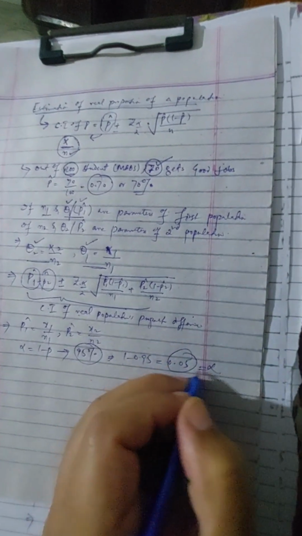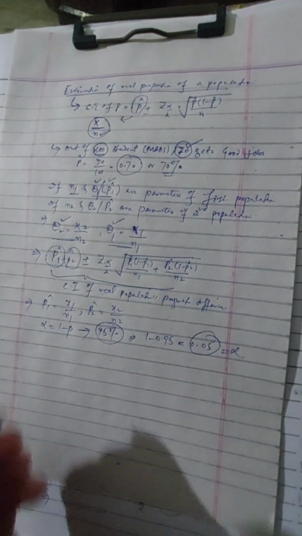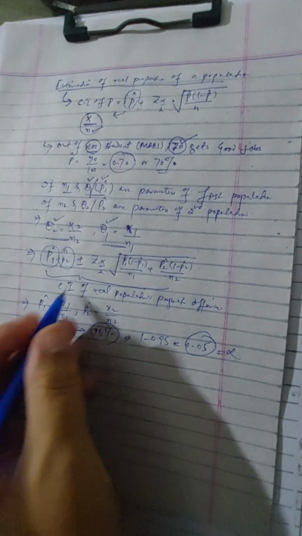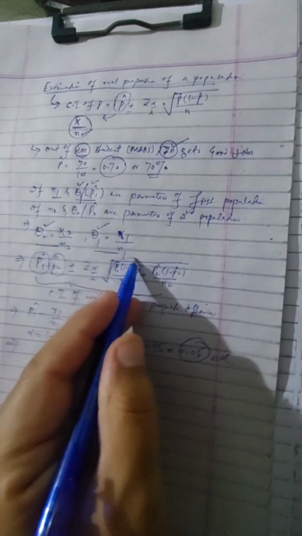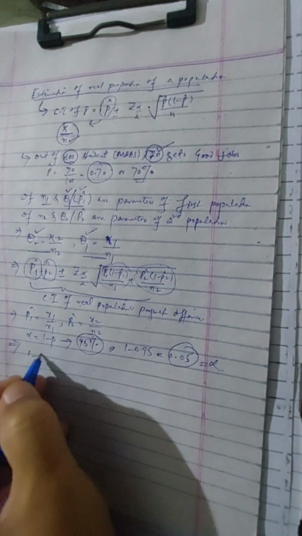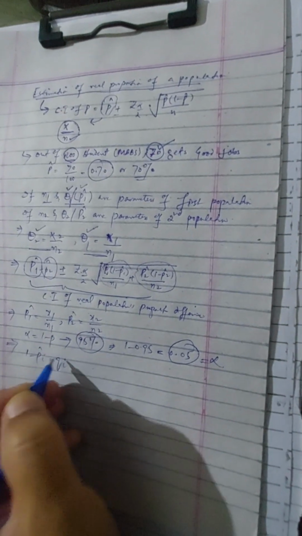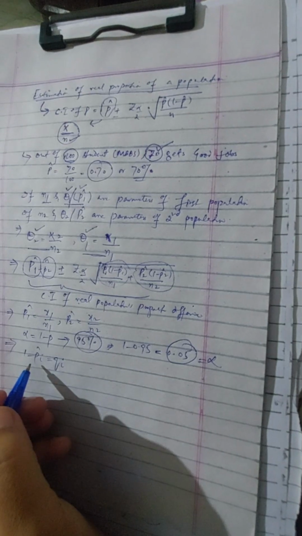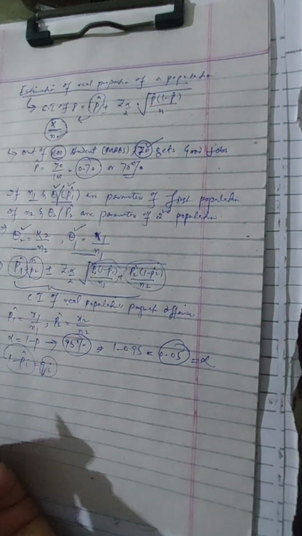This is the significance level. This term is for the first population and this is for the second population. 1 minus pi bar can also be termed as qi, so either write this or write qi directly.